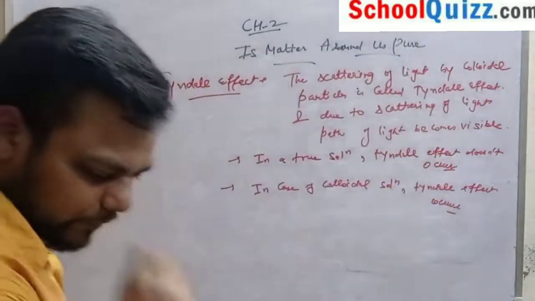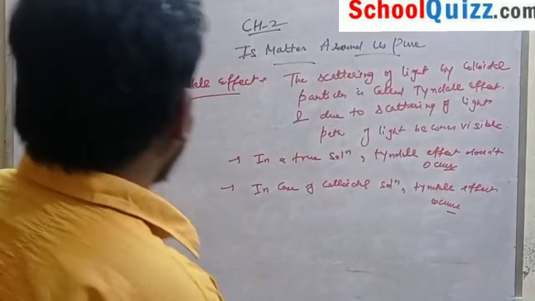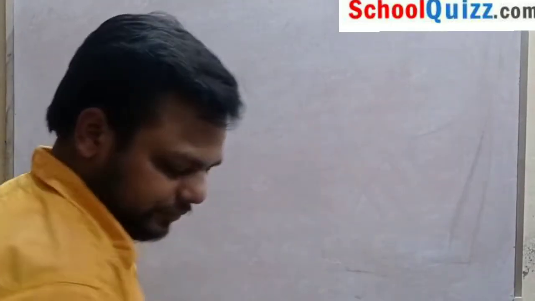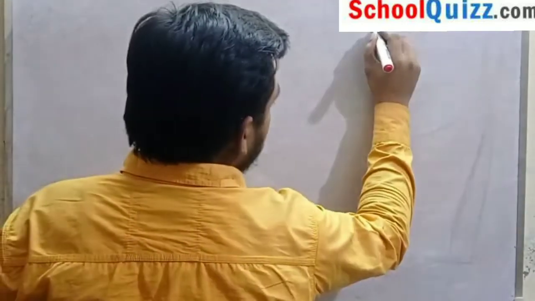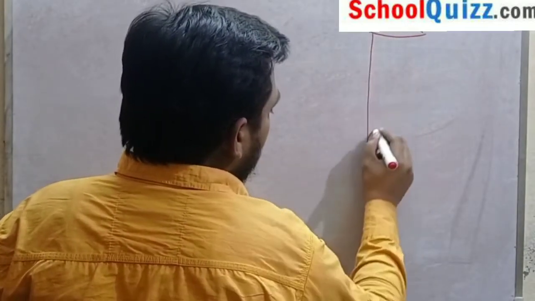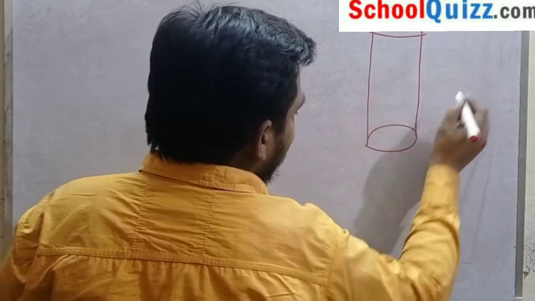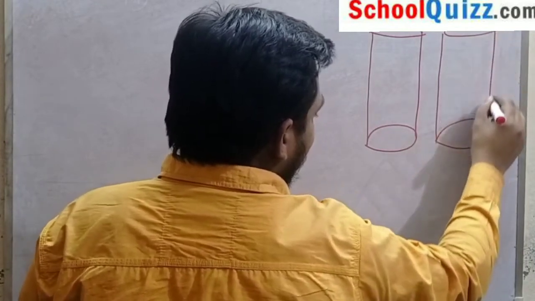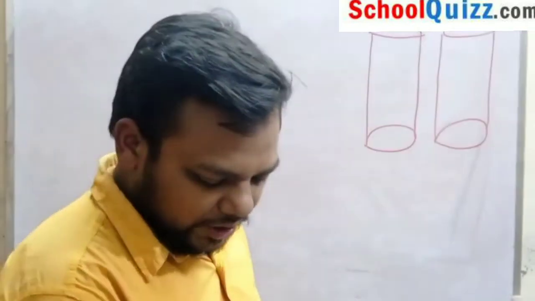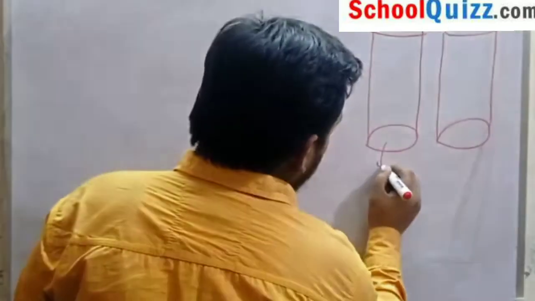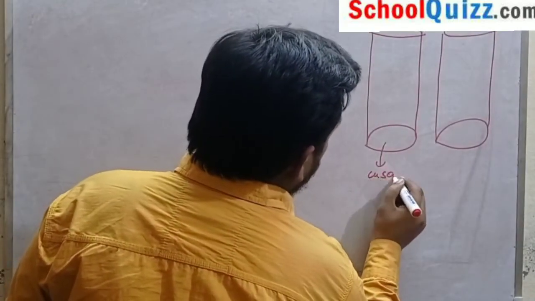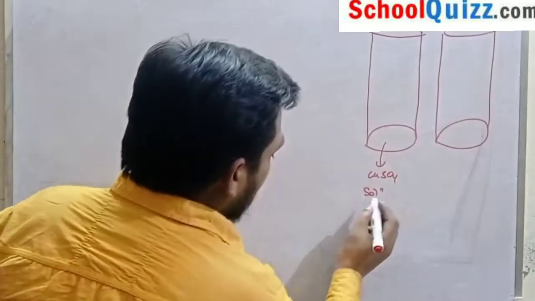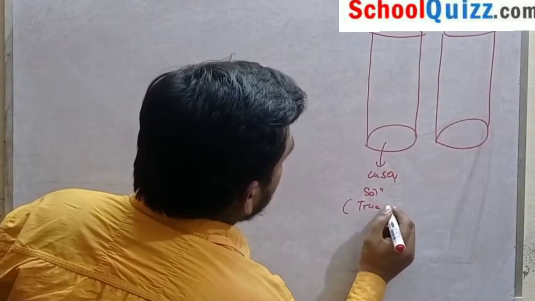For this, we take one example. One is copper sulfate solution, which, as we know, is an example of a true solution.